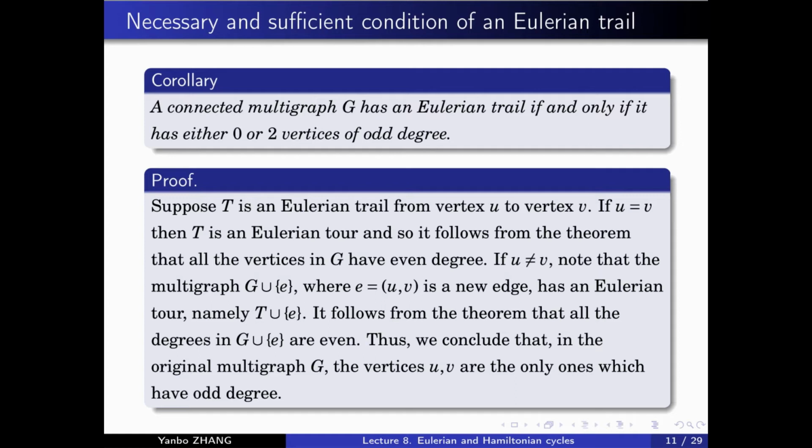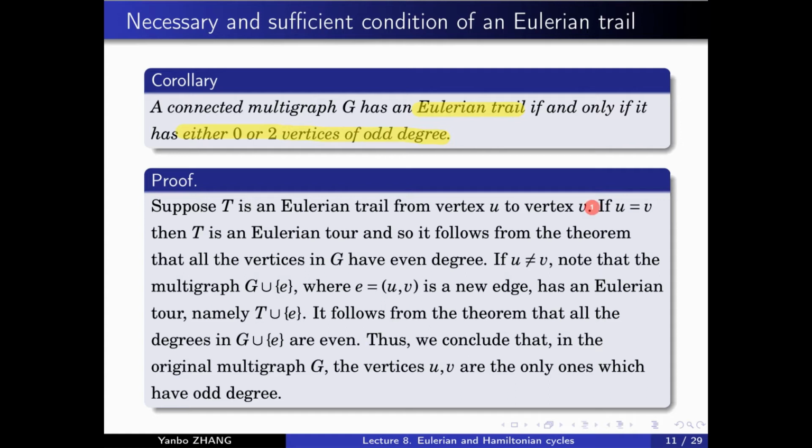A connected multigraph G has an Eulerian trio if and only if it has either 0 or 2 vertices of odd degree. To prove the necessity, suppose T is an Eulerian trio from vertex U to vertex V.